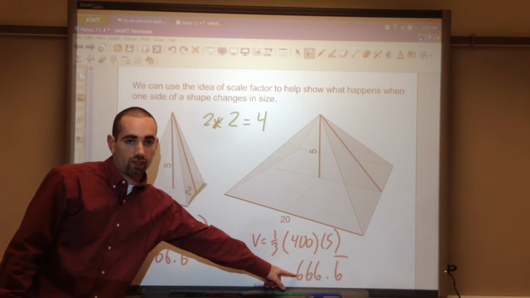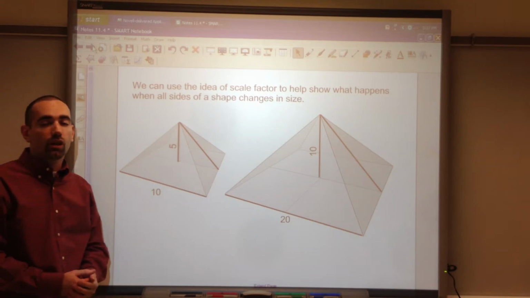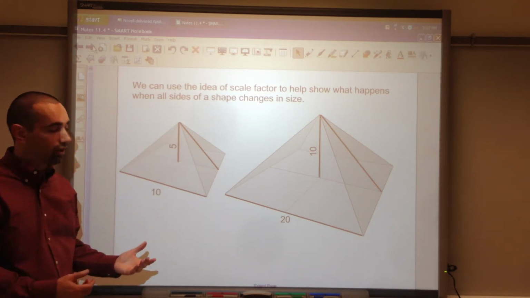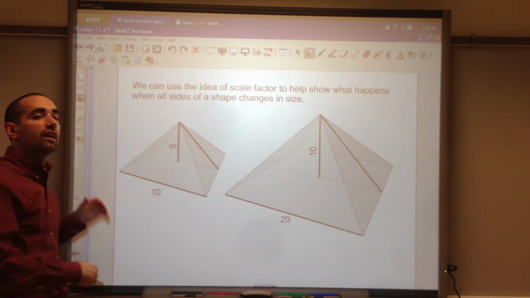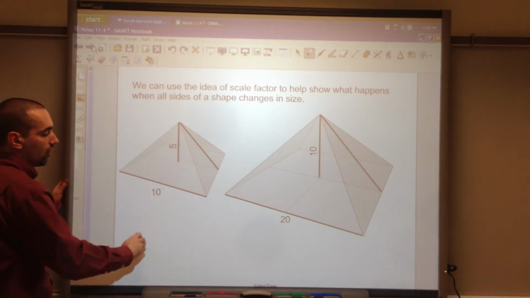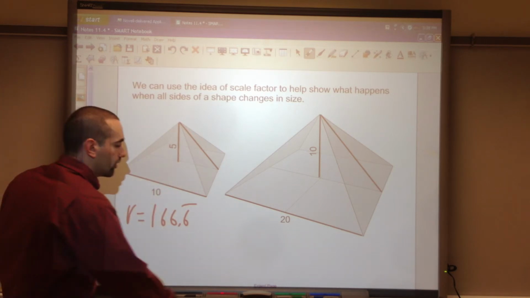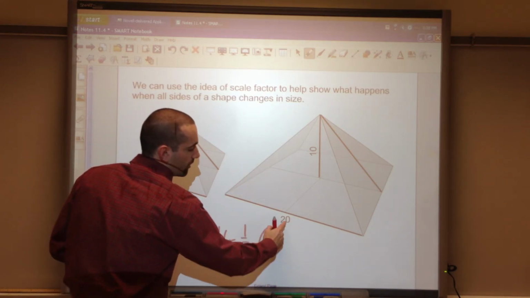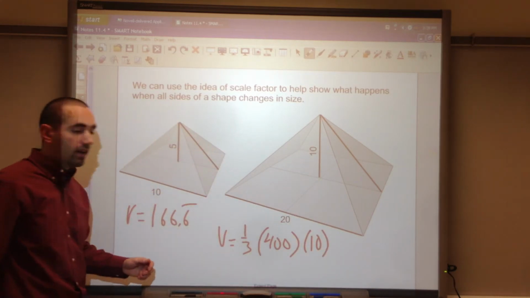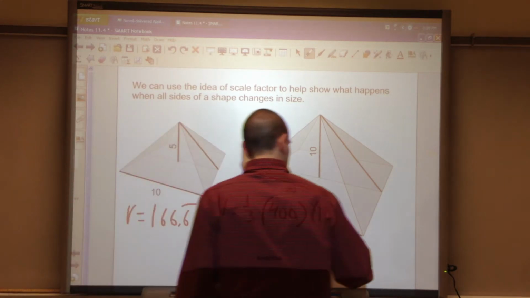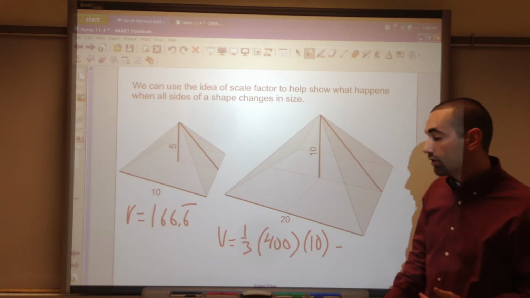This gave me this. Now this is leading us to the next example. What happens when I change all of my sides by the same ratio? Doubled, height, doubled. This is getting to our scale factor idea. Volume, we know, is 166.6 repeating. This one, volume, 1/3 big B, 20 times 20, 400, times the height of 10, and I get 1,333 for my volume.